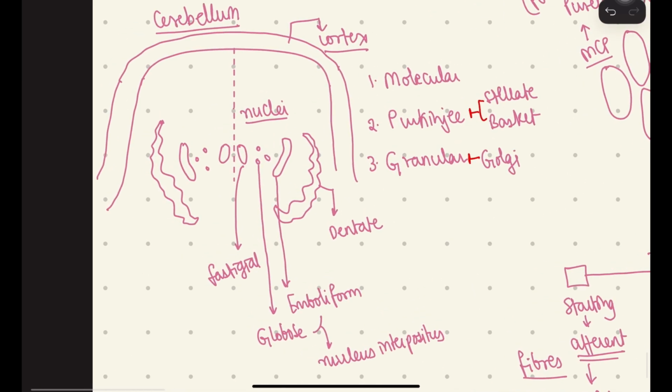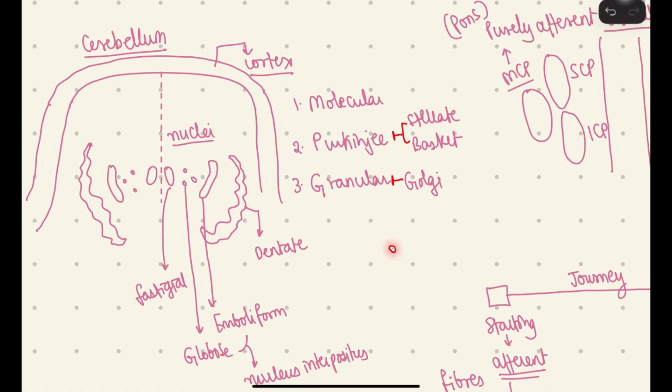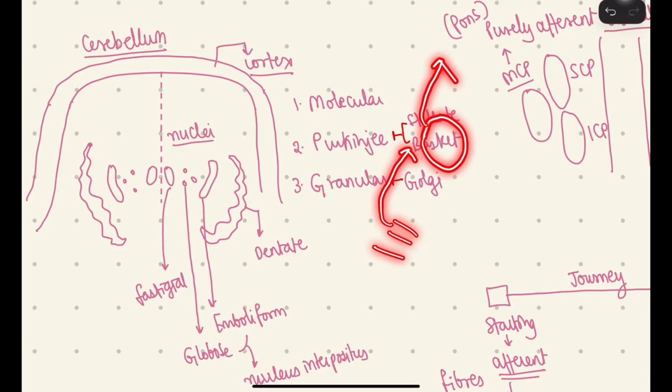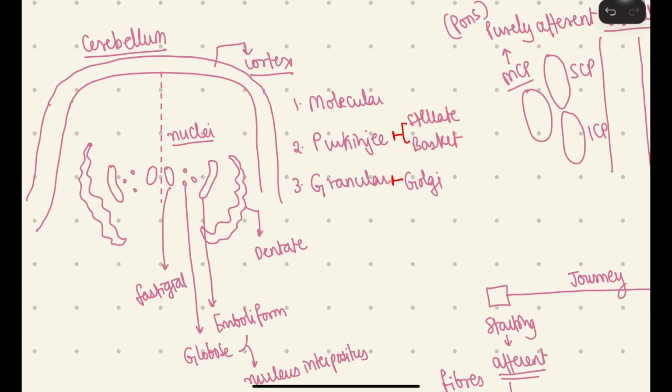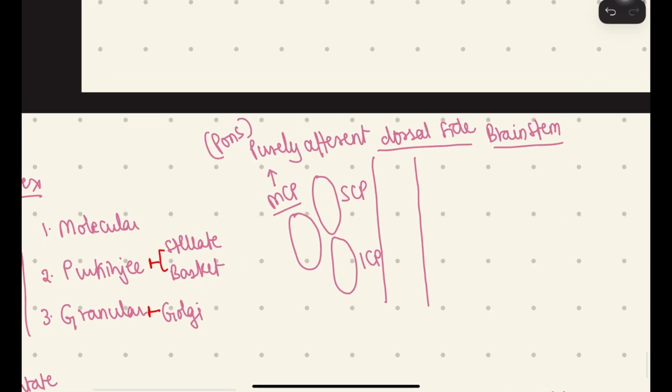What the cerebellum essentially does is this: we have so many inputs coming from the brainstem, spinal cord, and other areas that relay in the cerebellum, and the cerebellum acts as a fine tuner, the one that corrects all these different inputs. A little bit about the anatomy.